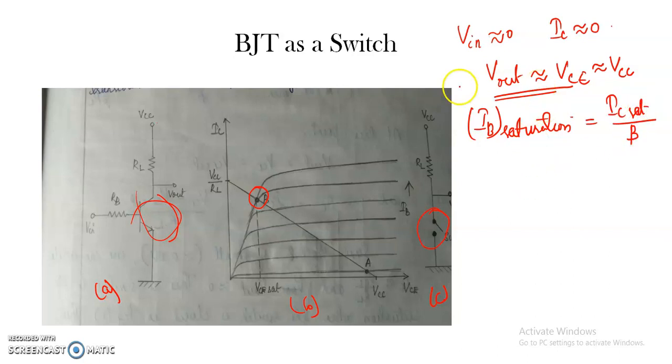We know that IC equals beta into IB, so IB saturation equals IC saturation by beta.